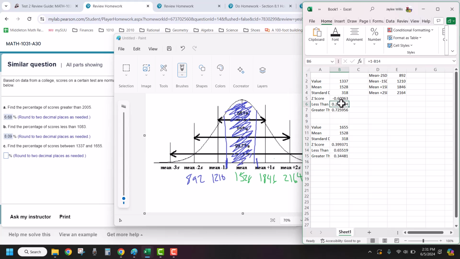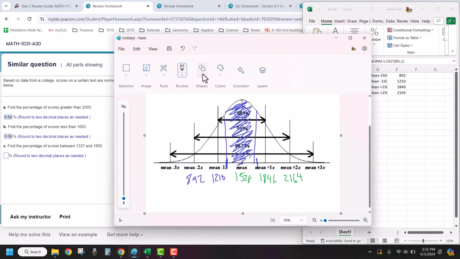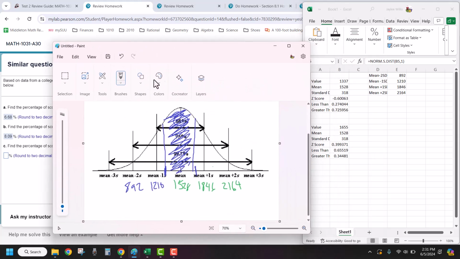And then these numbers are telling us the percentage of the data points that are less than and greater than these particular values. So I'm going to use the less than numbers. You could actually do a similar calculation with the greater than numbers, but I'm going to do less than.